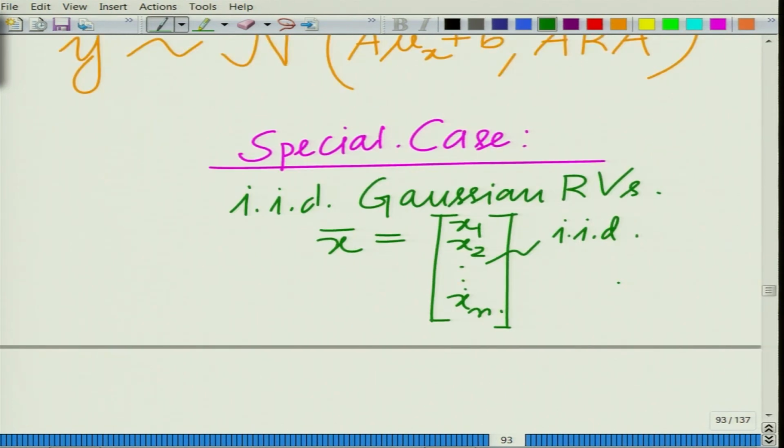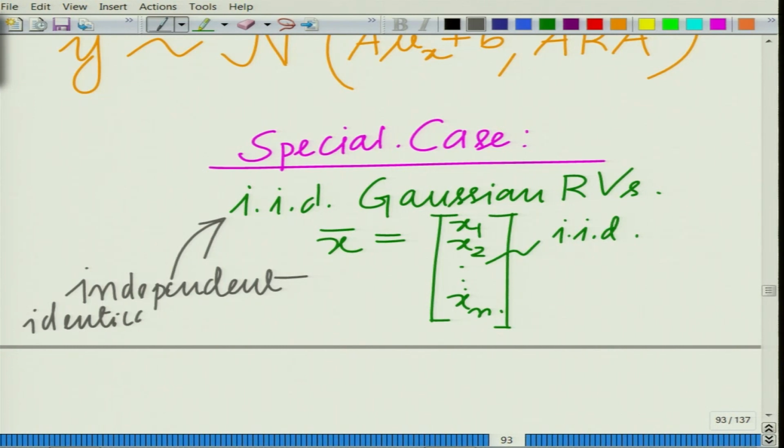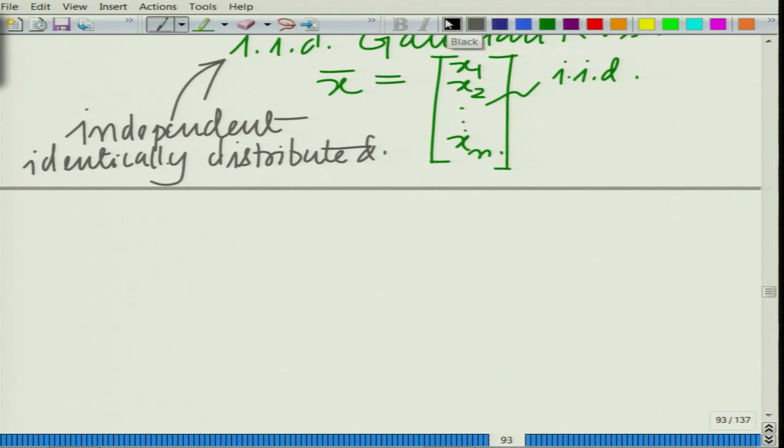You might remember what i.i.d. means. Recall, this means independent identically distributed, very good.